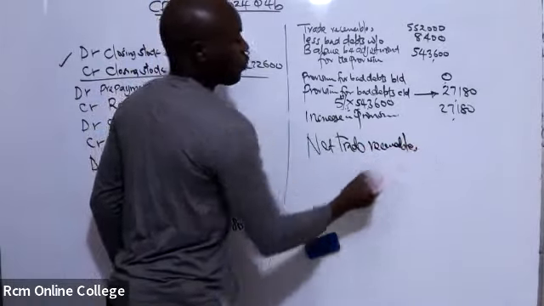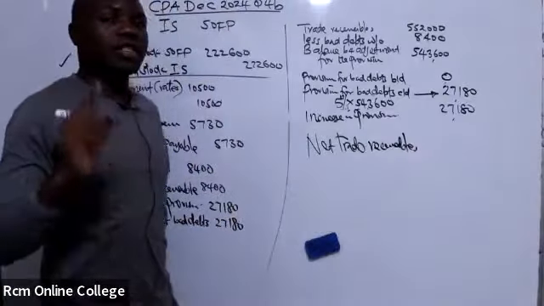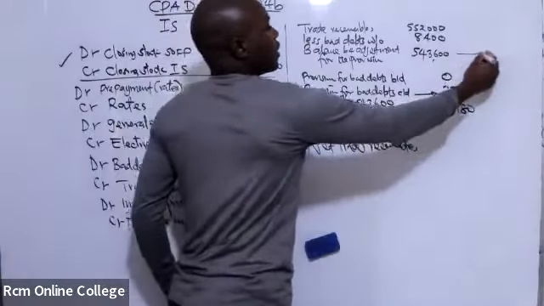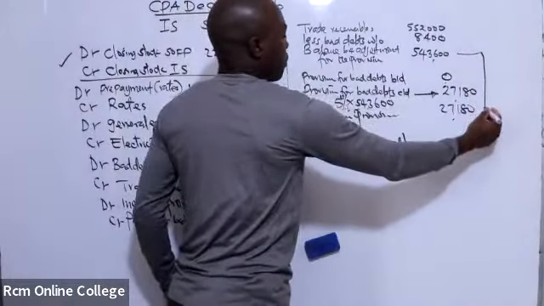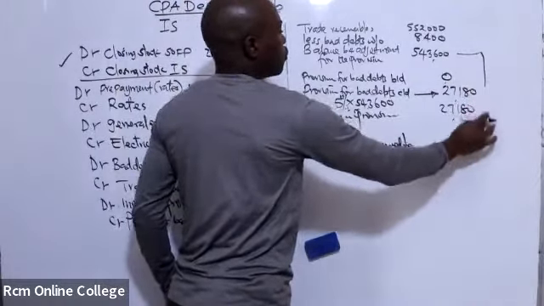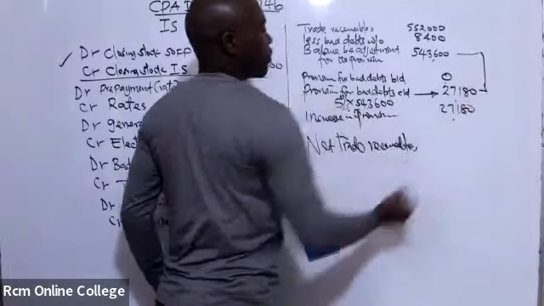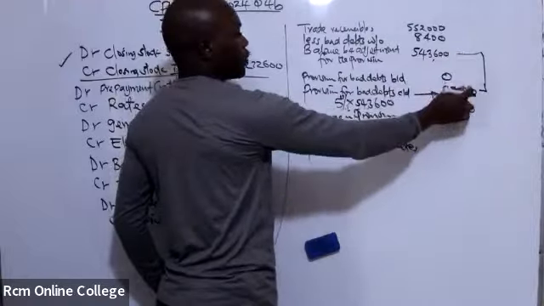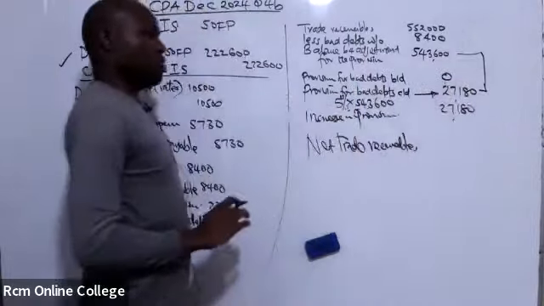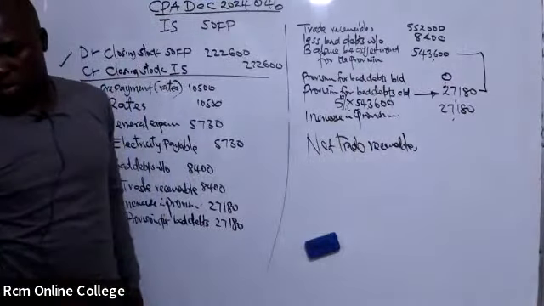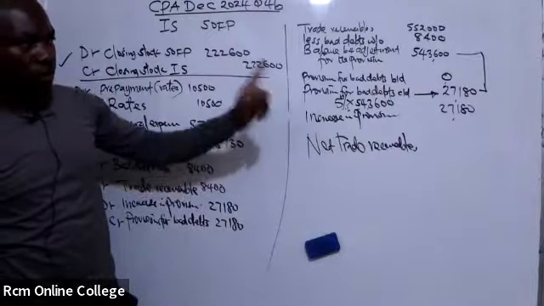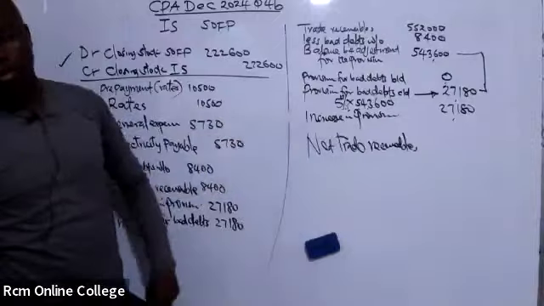Net trade receivables we are going to record in the statement of financial position will be the adjusted balance, right? Then we less the closing provision, right? In other words, we'll take 543,600 minus 27,180.